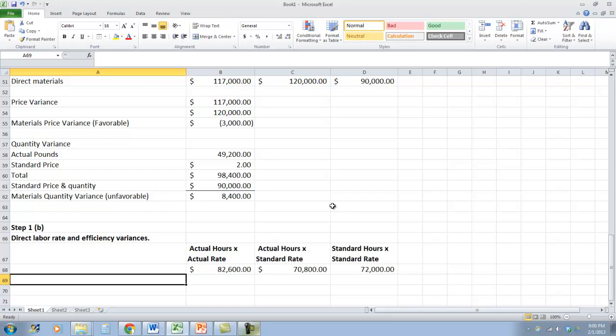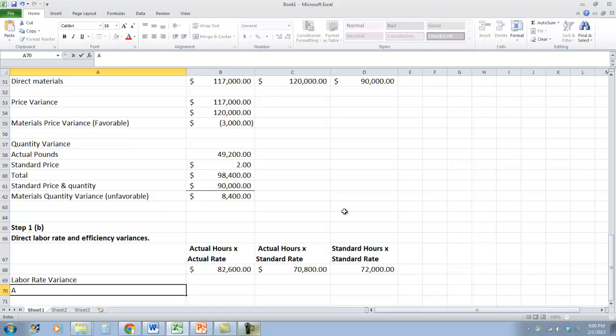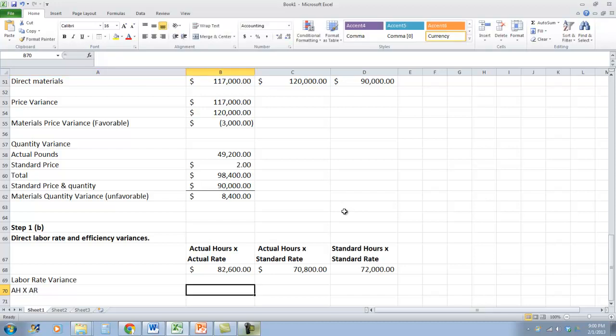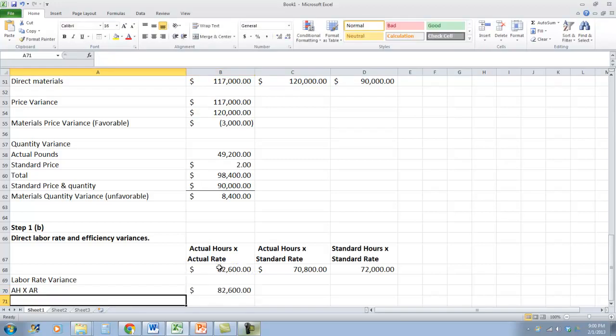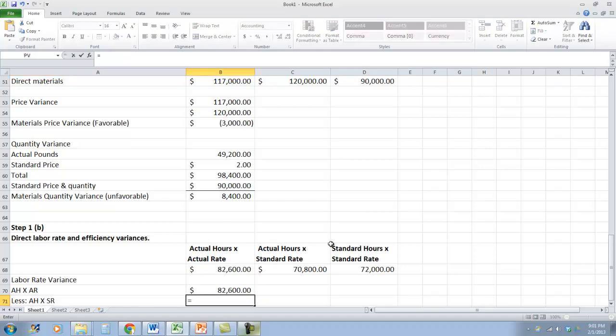So, to calculate a rate variance, we would take actual hours times actual rate, which is this, less actual hours times standard rate, which equals this.